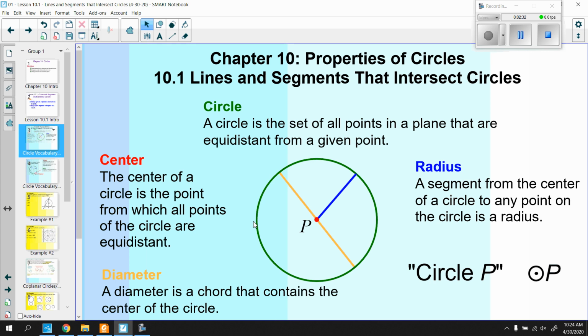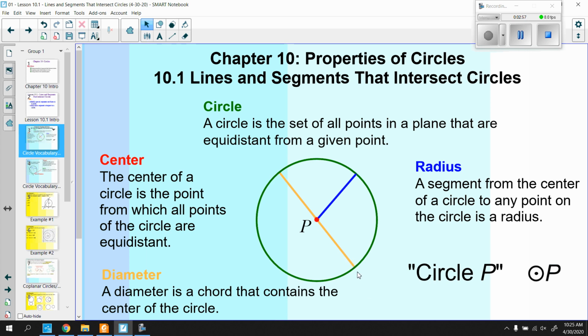All right, a segment or the radius, that distance that we were talking about from P to the circle is what we call the radius. That's a term that hopefully everybody's familiar with. From center to the circle. Okay, and if I put two radii together, so radii is the plural of radius, we could think of from right here to here as a radius, and right here and here as a radius.